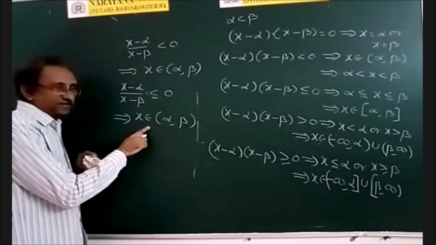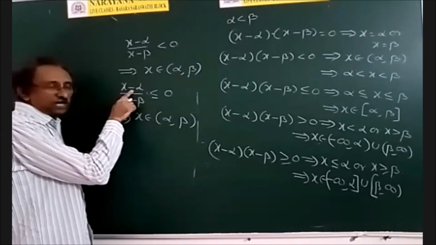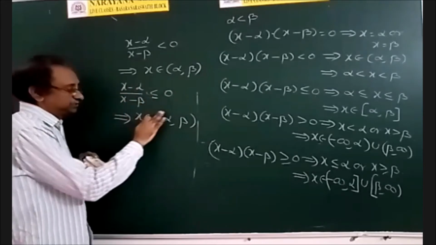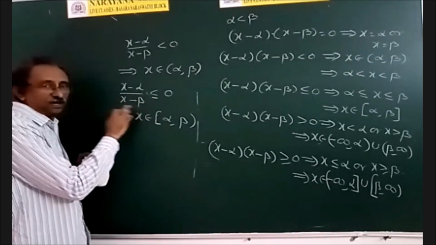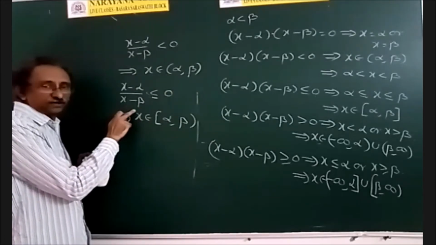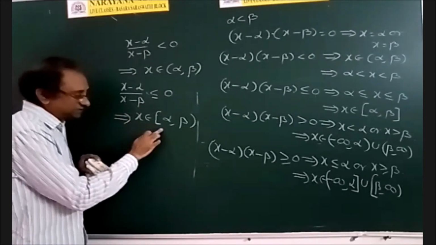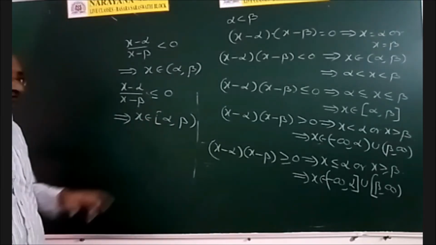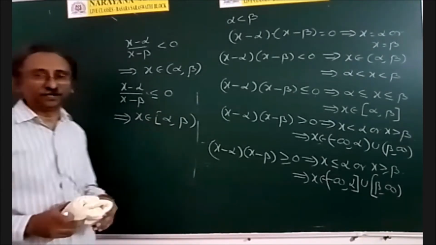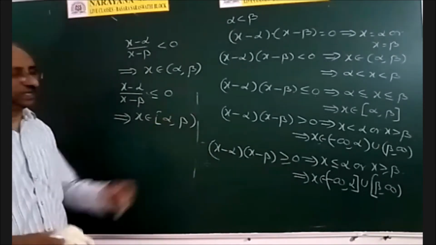Here the only difference is x may be equal to alpha because 0 by non-zero is 0. But x should not be beta. If x is beta, the denominator is 0, it is undefined. So x belongs to closed alpha open beta. So this is a semi-closed, semi-open interval. Okay. So the remaining ones we can also write.